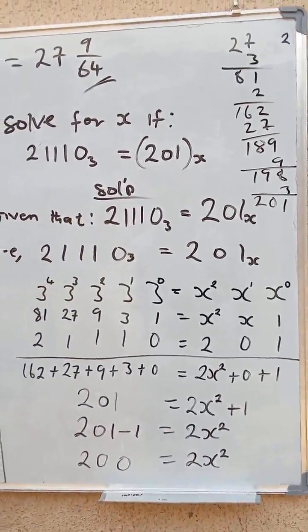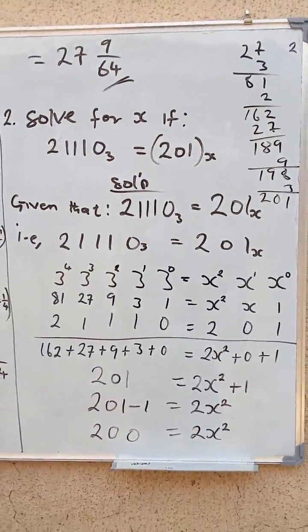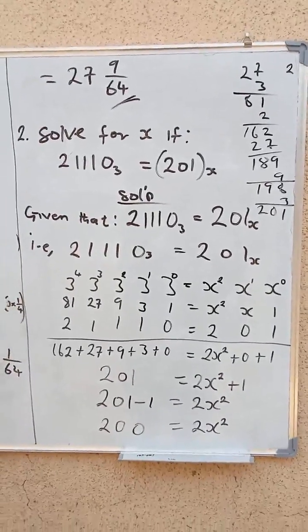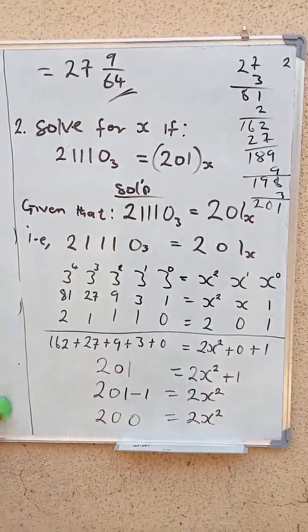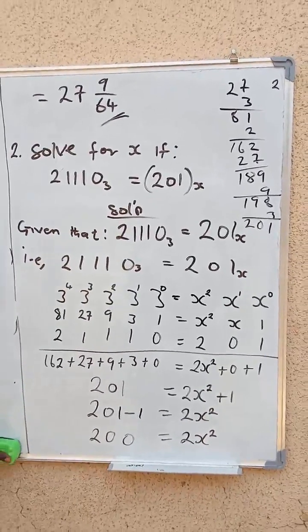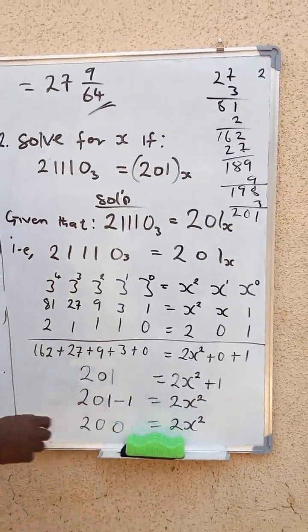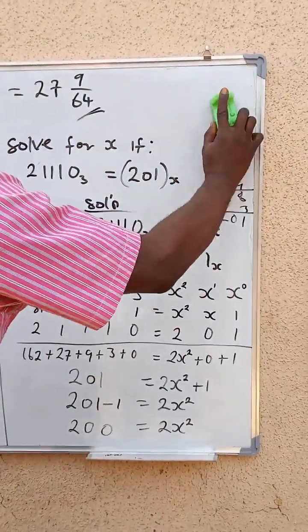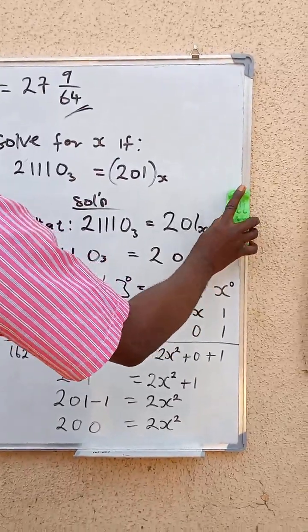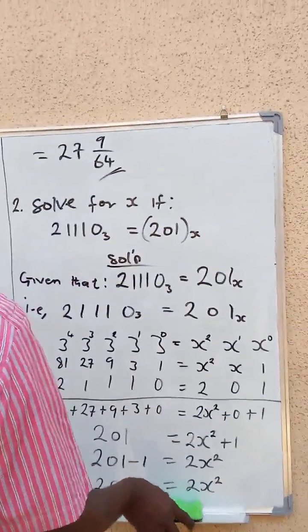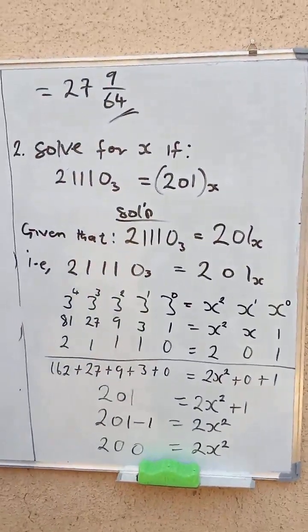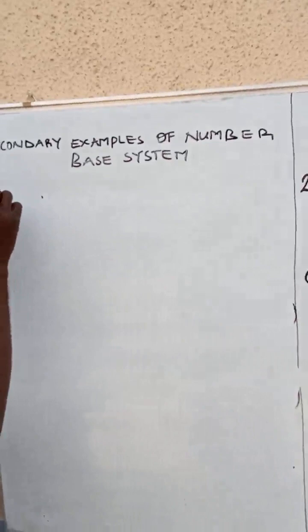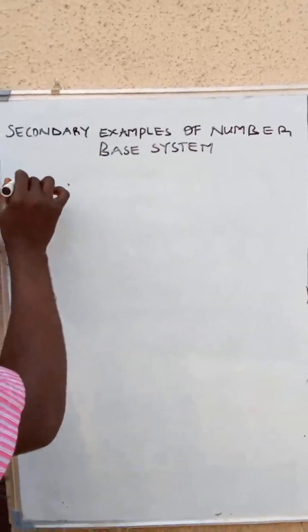So I can do justice to this side and do justice to this side. Divide both sides by 2 to make x squared the subject of the formula.